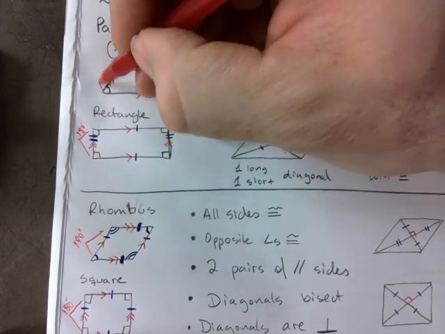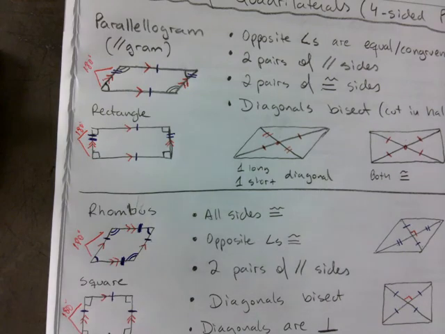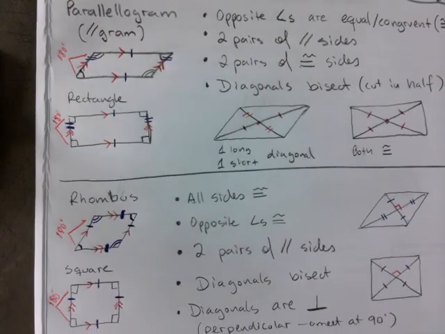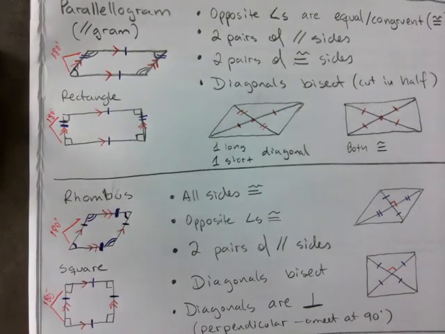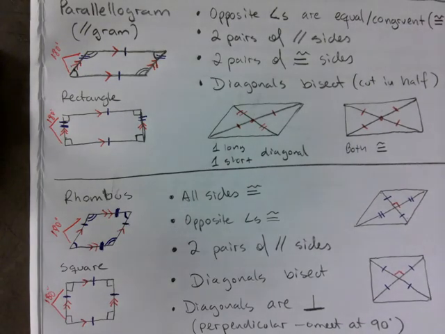This is, in my opinion, the most helpful property of all, that they add up to 180. Oops, sorry. So 180 is only this way, not sideways, okay? Some of them do, but not always.